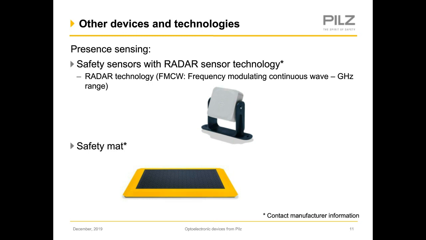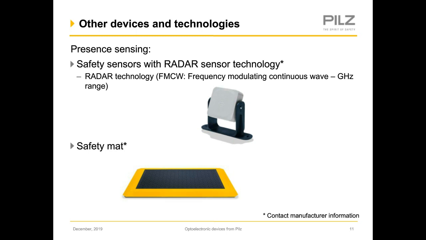Okay. Another question: can 3D cameras be used to allow access to an area with mobile equipment, but stop when pedestrians enter the area? Actually, yes. Let me rephrase that.